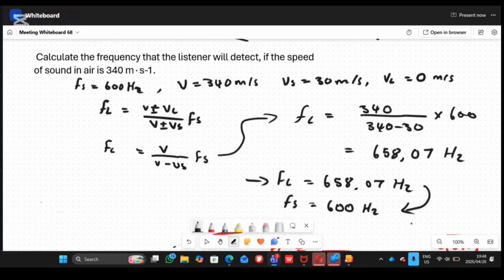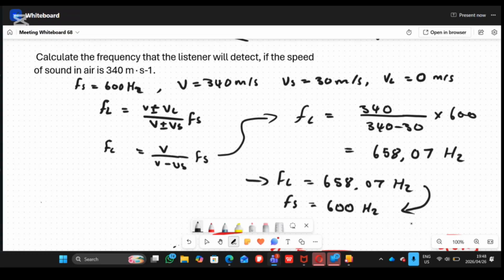Sir, please repeat. Oh, okay. The reason why I'm saying this statement is that there are some questions where you will be given both frequencies and you don't know which one is which. They won't tell you which is the frequency of the sound source and which is the frequency of the observer. They will just want you to interpret using the knowledge that I'm giving you now.